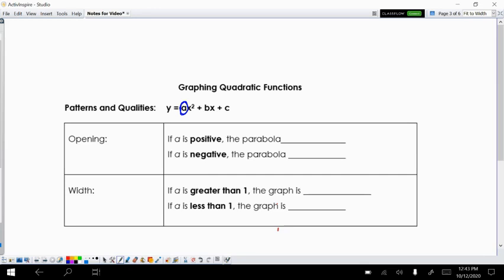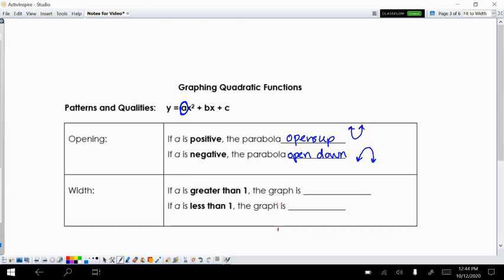If that A value is positive, our parabola is going to open up. So it makes a U shape, like a bowl. If the A is negative, the parabola is going to open down. It's been reflected, so it's going to make an umbrella or a mountain.